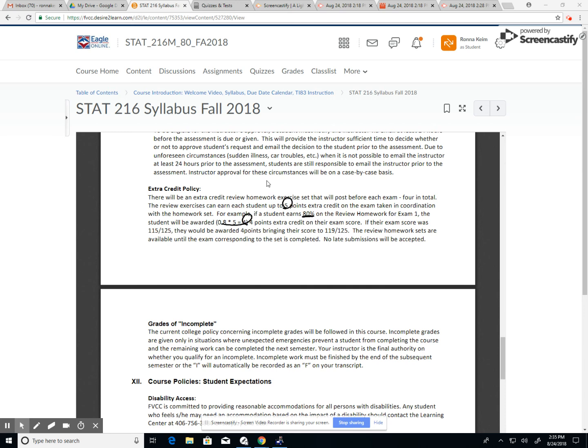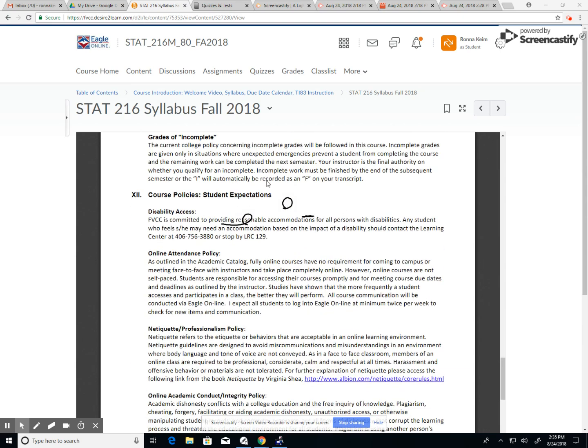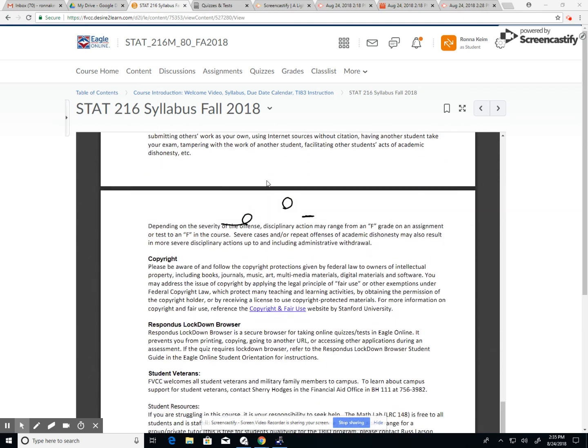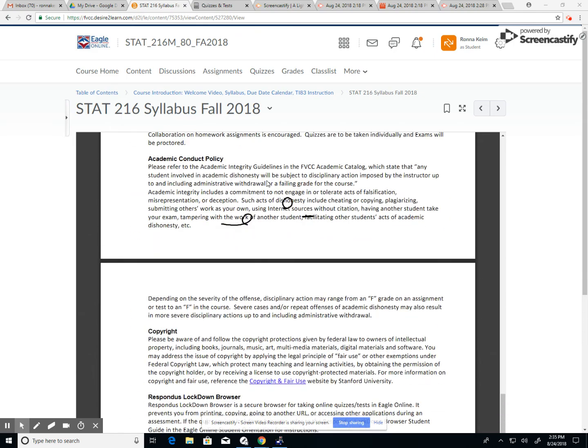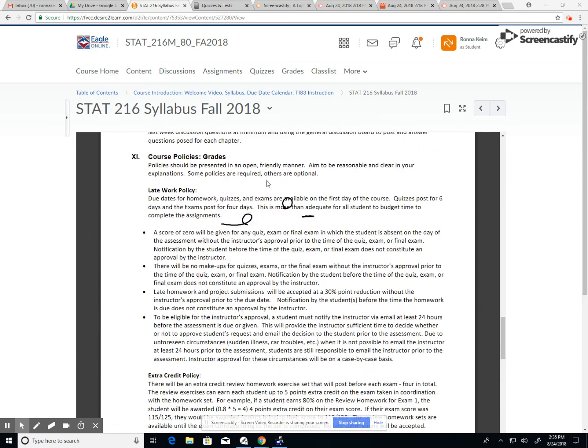So it would just increase your exam score. And I think the rest of this looks pretty straightforward. If you have any questions, please email me. I do check my email quite a bit, so happy to answer any questions. Look forward to a great semester.